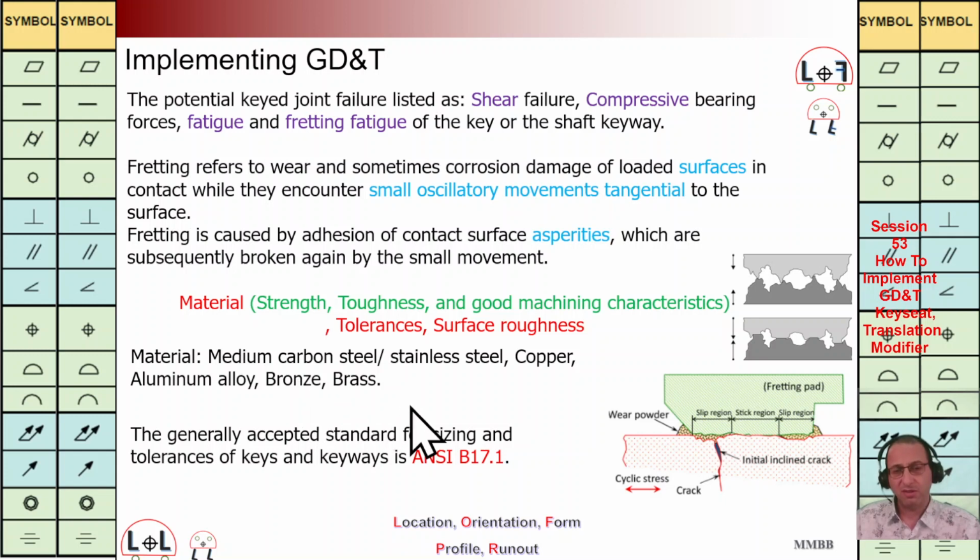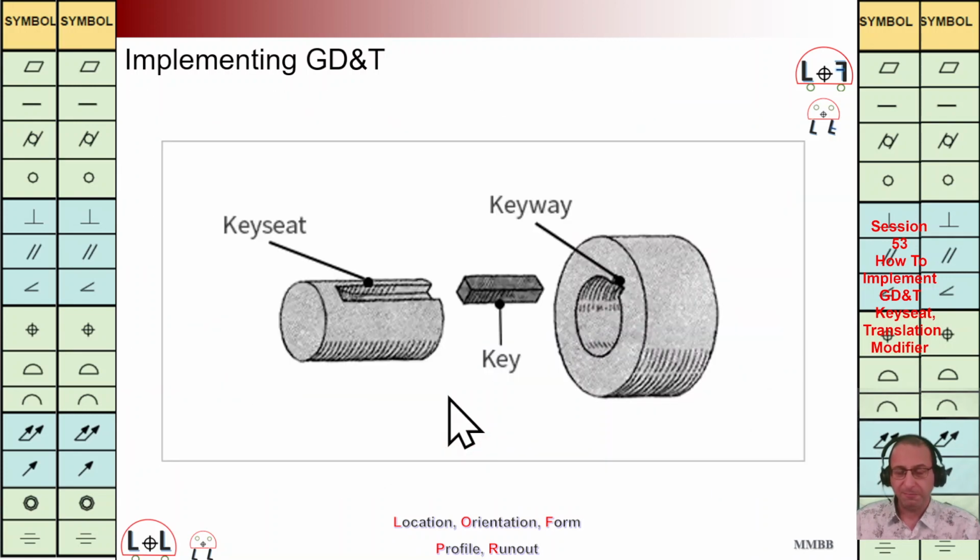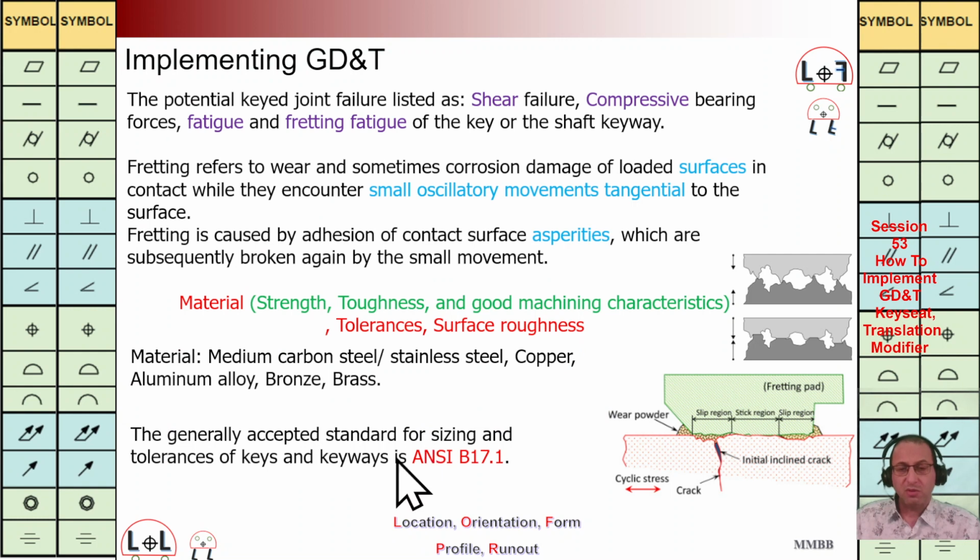We are going to have several standards regarding this key assembly. The most common standard is ASME B17.1. We need to have that one, and based on that geometry, we are going to define what should be the tolerances for the key assembly.